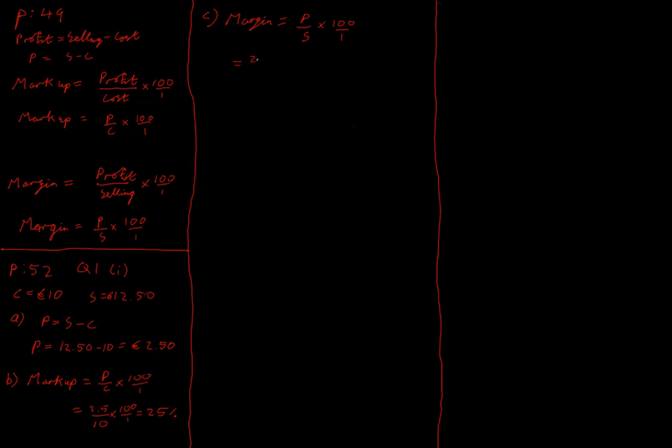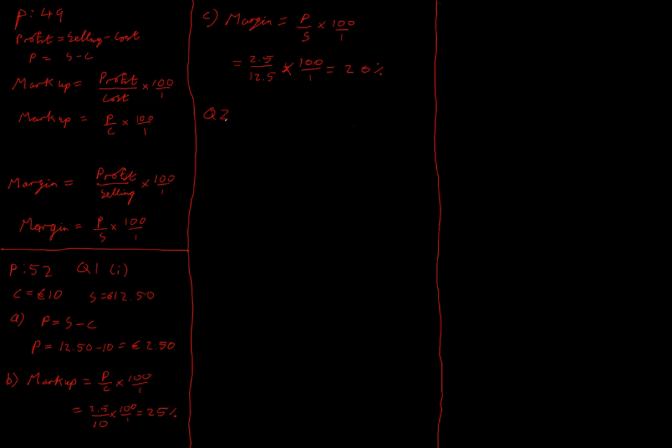So it's going to be €2.50 for our profit divided by €12.50 for our selling price multiplied by 100 over 1. And when we put that into our calculators, we get 20%. So that's how our formulas work. And we need to be quite comfortable with them because we're going to have to rearrange them quite a lot in some of these questions.